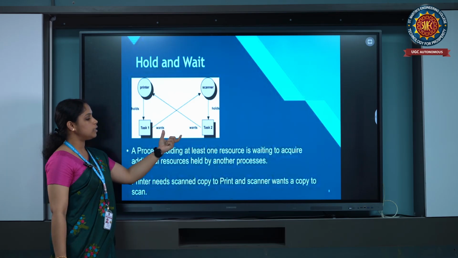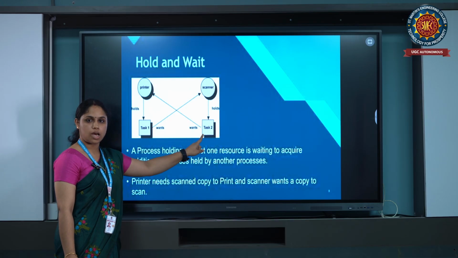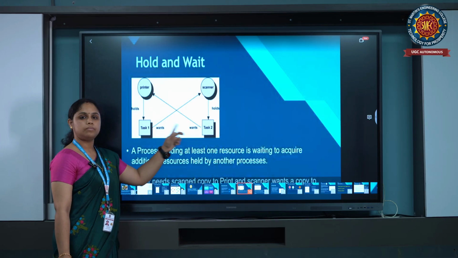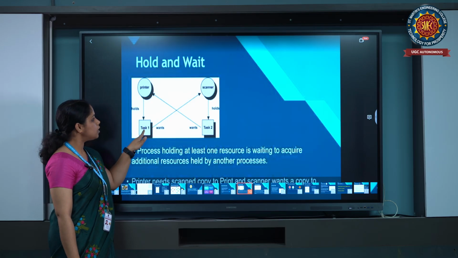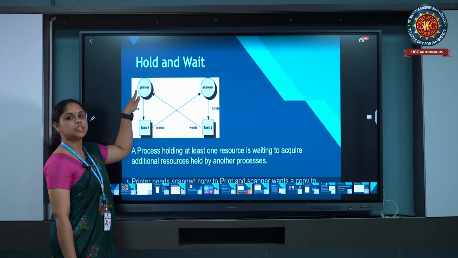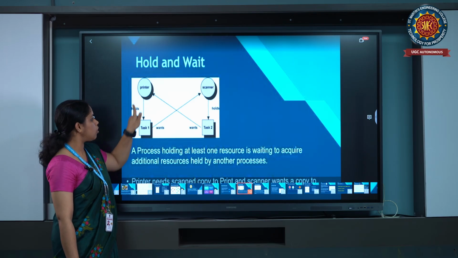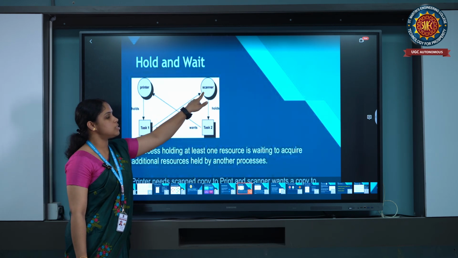You can see in this example that there are two tasks, task 1 and task 2, which can be treated as two processes. Task 1, or P1, is already using the printer and now wants the scanner.